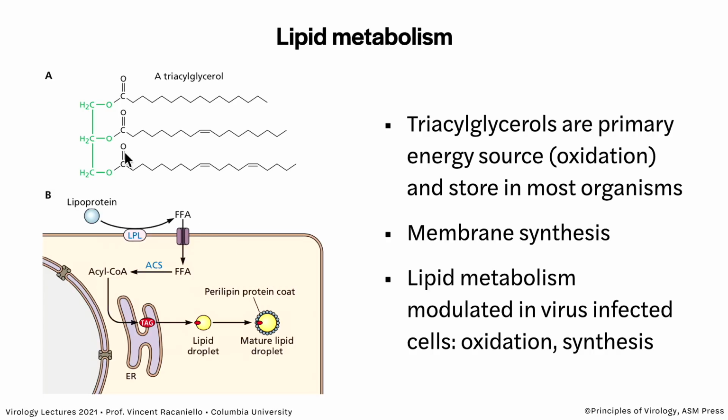And just to show you what happens here, these triacylglycerols are in your bloodstream. They bind lipoproteins, which in turn bind receptors on the cell surface, a low-density lipoprotein receptor. Lipoprotein lipase breaks up lipoproteins into free fatty acids, and they get imported into the cell.